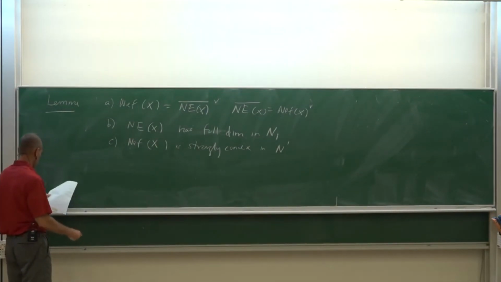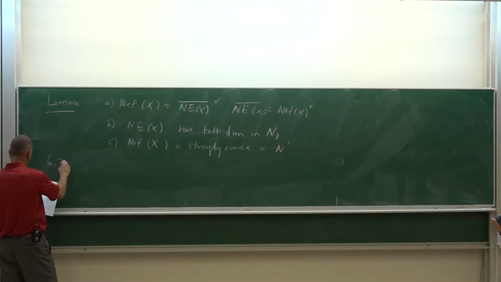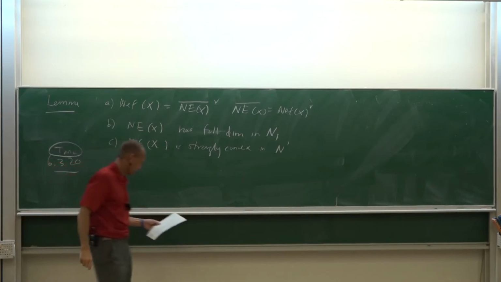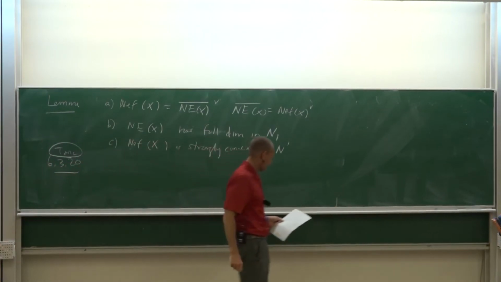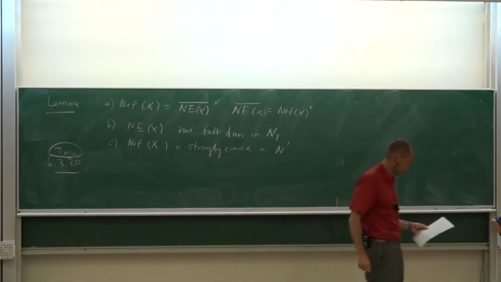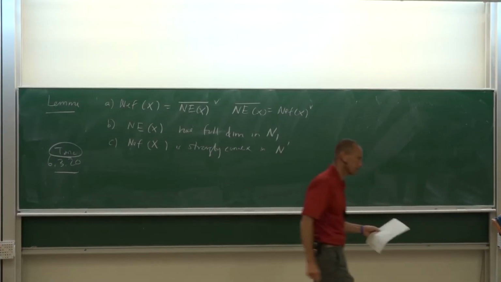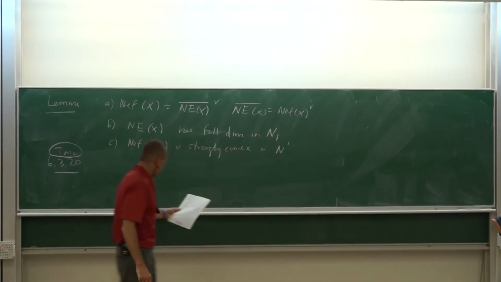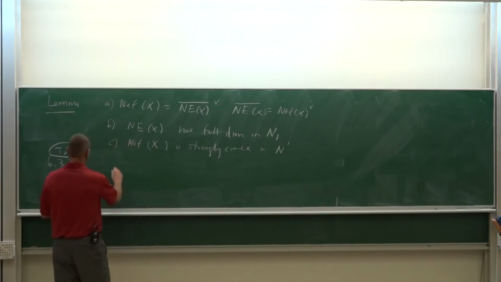And now let's see, the toric case. So 6.3.20, toric. I was assuming X was normal. I think that's the only assumption on X. Sigma convex and full support.